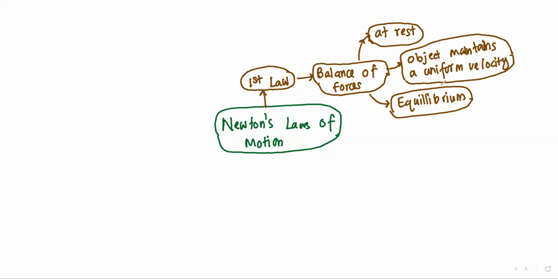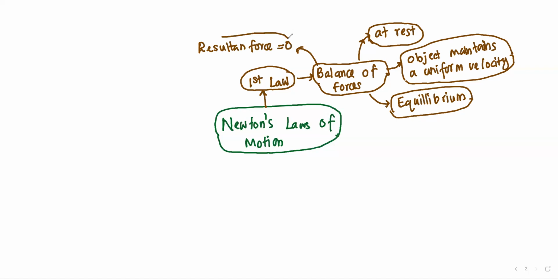Now, the first law always explains what we need for a system to be balanced. If the system is balanced, then the system does not have a resultant force. So basically the resultant force becomes zero.